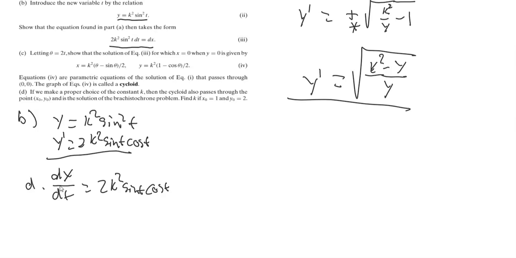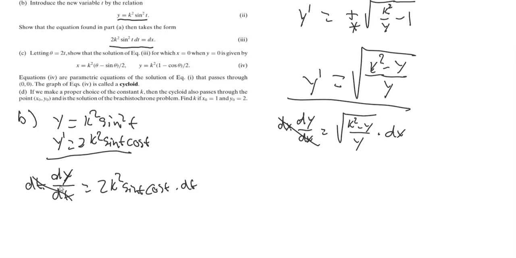Then we can multiply dt over both sides, and that gets rid of this one, and then you just have dy equal to 2k squared sine of t cosine of t dt. And on this side, dy/dx is equal to the square root of k squared minus y over y. We do the same thing, get dy by itself, and that's that.